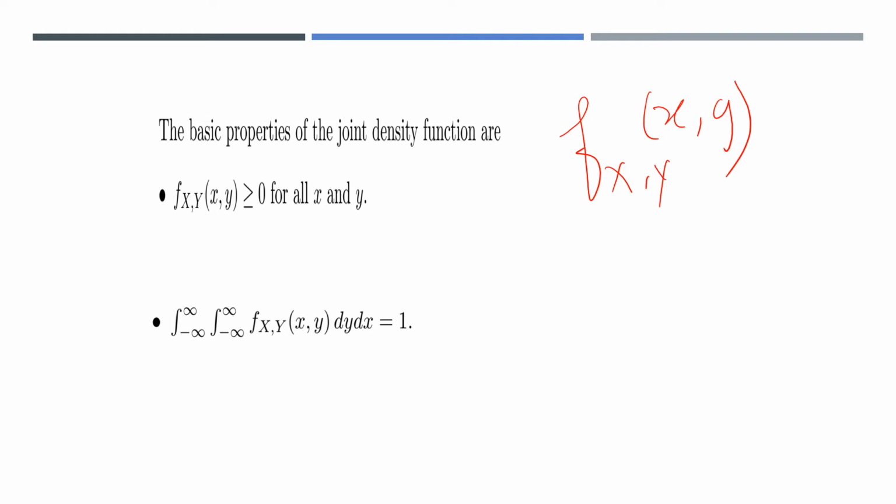where it has the two basic properties that each probability is greater than or equal to 0 and the total probability must be 1. When you are trying to find the total probability, if it is defined in a wide range, then you will have integral negative infinity to positive infinity, integral negative infinity to positive infinity of f dx dy or dy dx, and that must be 1.